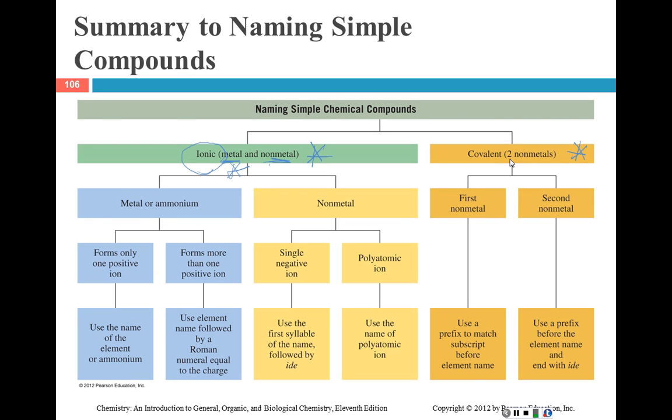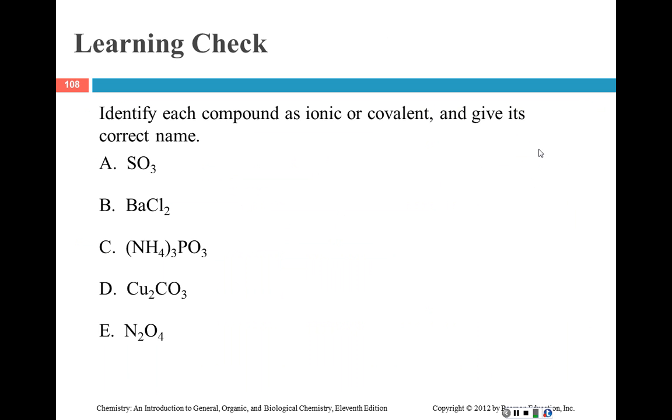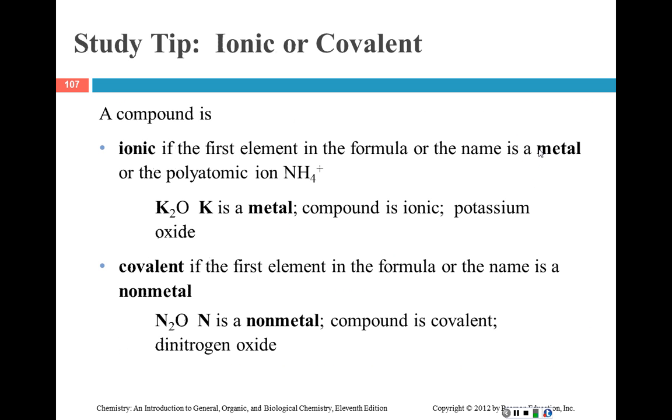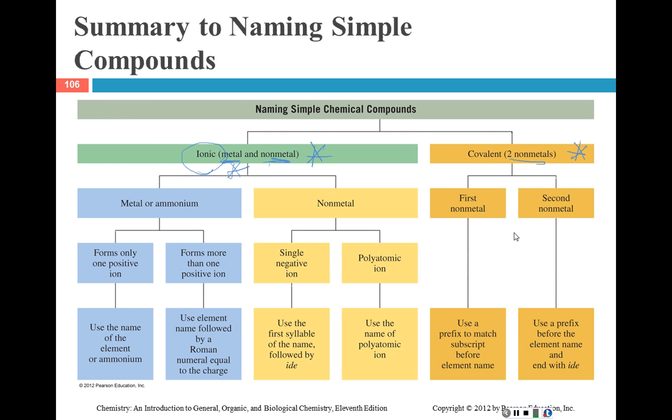If you see 2 non-metals, it's covalent. The metals are on the far left of the periodic table, in groups 1A, 2A usually, can be in 3A, and then across that jagged line where the metalloids are, on the right will be your nonmetals.